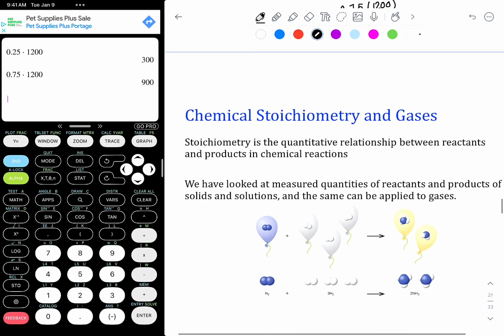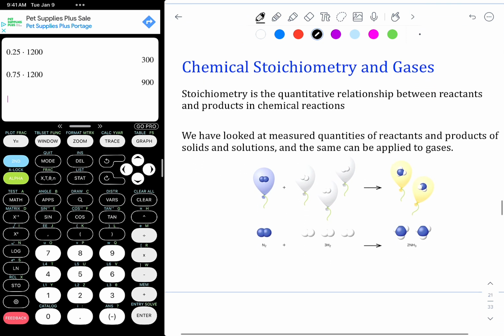Okay, and for our last section here, we're going to talk about chemical stoichiometry and gases. We've talked about stoichiometry before when we were talking about balanced equations and calculations we can do with balanced equations, the different types of chemical reactions. We've done titrations, and we've done molarity conversions, as well as gravimetric analysis equations, all of these using stoichiometry or mole-to-mole ratios.